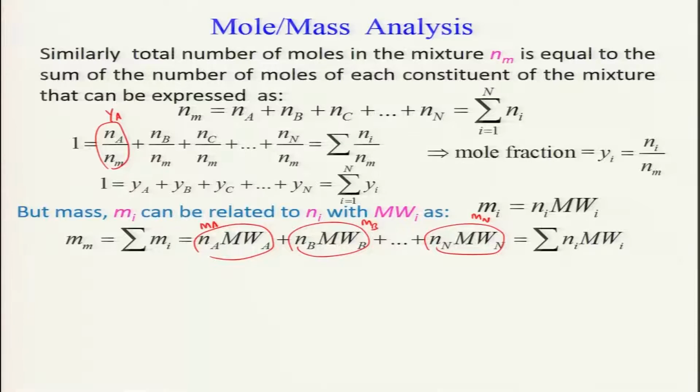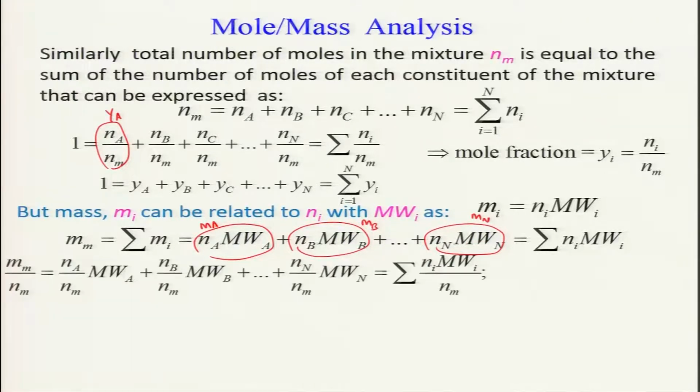So, you can see that you are expressing the mass in terms of moles through the molecular weight. Then if I divide this expression by Nm, I will find that this is nothing but the mole fraction of A species, and this is the mole fraction of B species, and this is the mole fraction of N species.